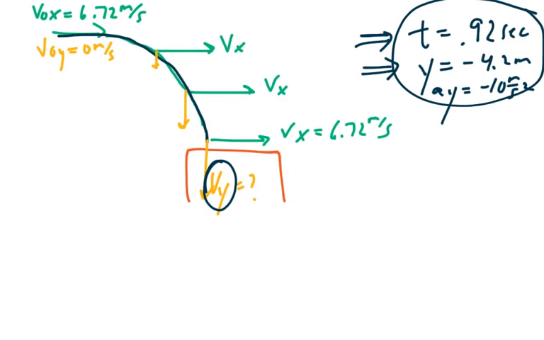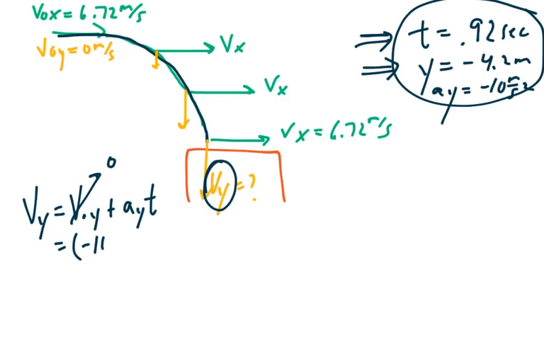So if I use velocity as a function of time, applied specifically in the y direction, Vy is V0y, the initial y velocity, plus Ay times t. Once again, that initial y velocity is 0, so I'll cross that out. Then negative 10 meters per second squared times 0.92 seconds.